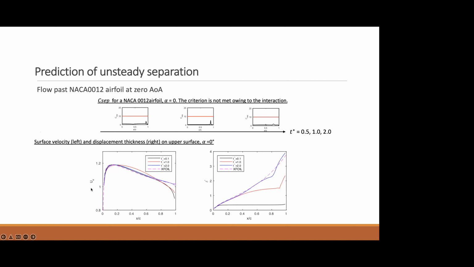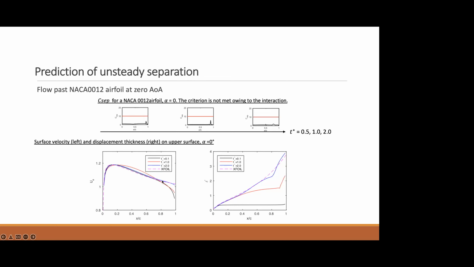So here, this plot shows the edge velocity on the airfoil for a NACA 12 at 0 angle of attack. So at time close to 0, we can see that the edge velocity on the airfoil has a sharp gradient near the trailing edge, which is as expected because it's an inviscid solution initially. But as time progresses, because of the viscous inviscid interaction and because of the effect of the boundary layer, this gradient gets shallowed out.